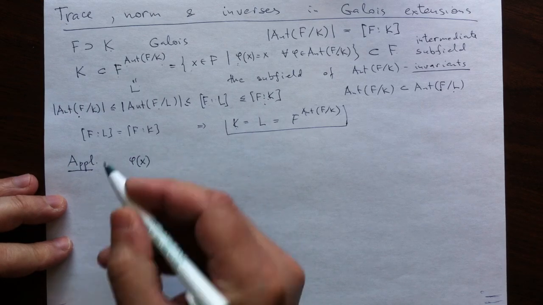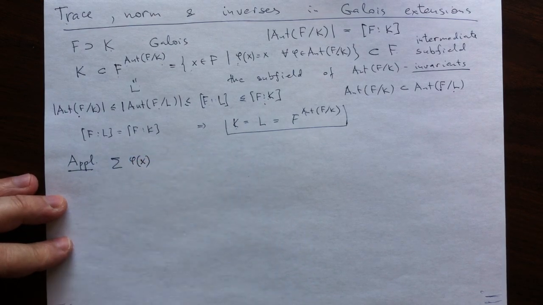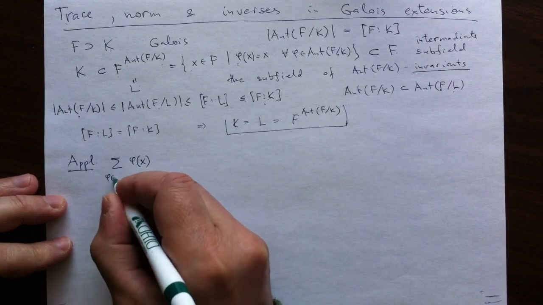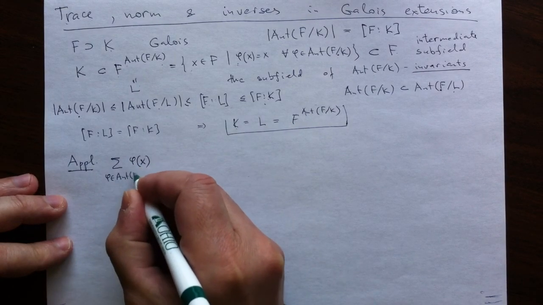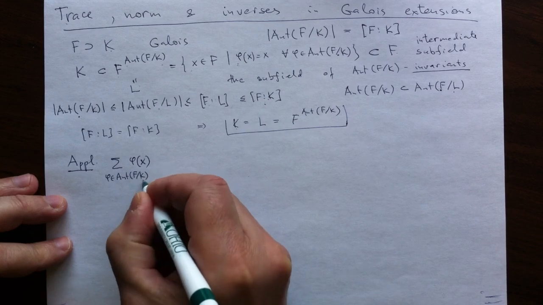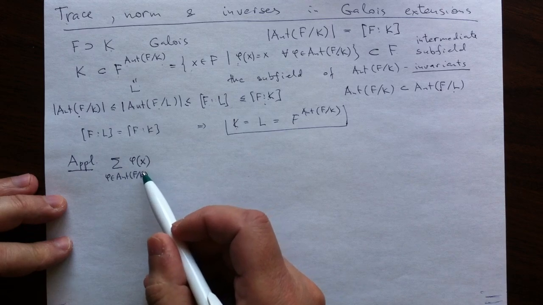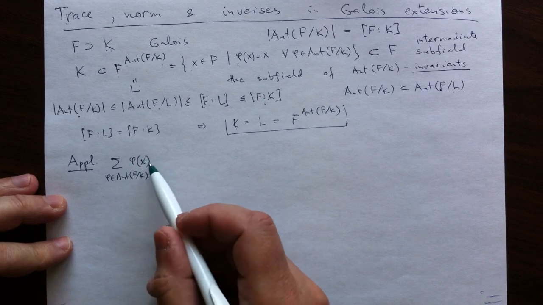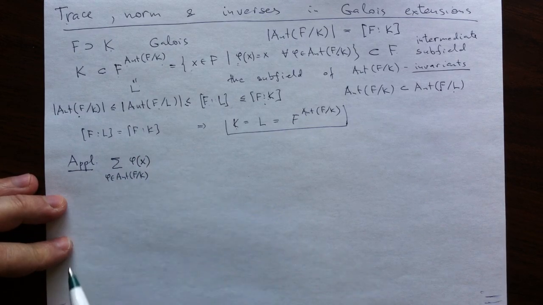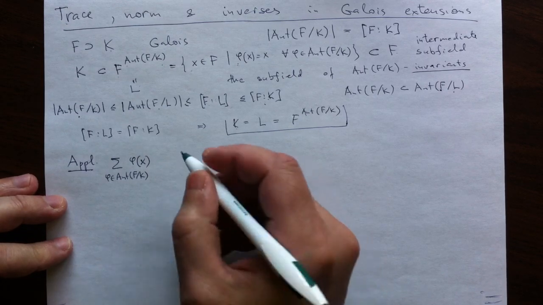We take all automorphisms applied to our chosen X, and take the sum. This clearly is invariant, because if we apply any more automorphisms to it, it will be just reshuffling summands and not changing the sum.